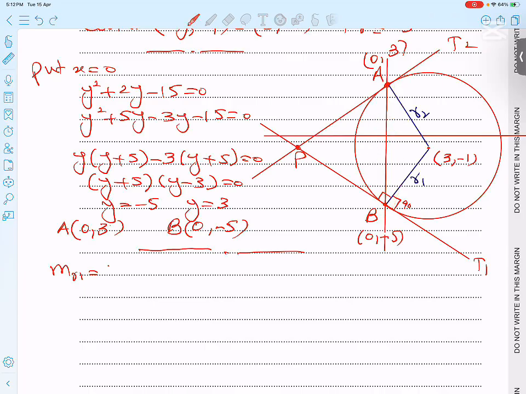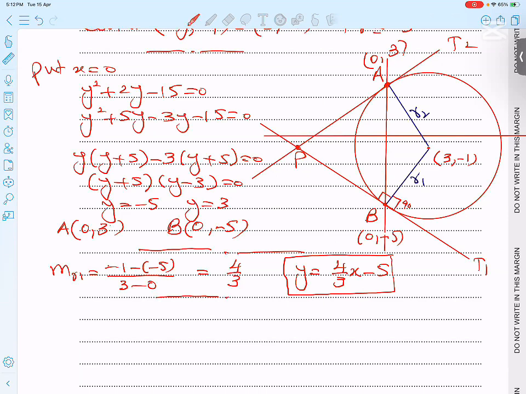Anyway, let's try to do it. y2 minus y1 over x2 minus x1. So I'm getting -1 and +5, so 4/3. So 4/3 is the gradient of R1, and this tangent has y-intercept -5. So I can say the equation is y = mx + c, and c is -5 for sure. This is the equation of tangent number 1.